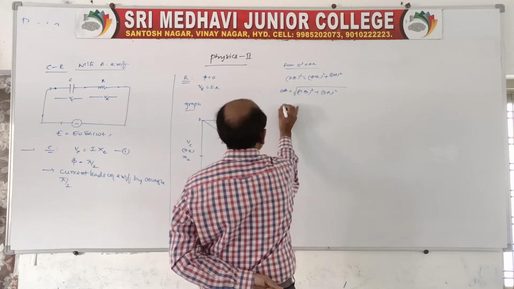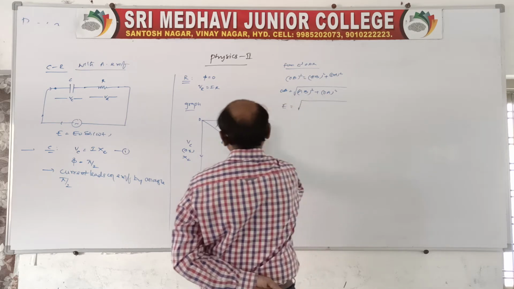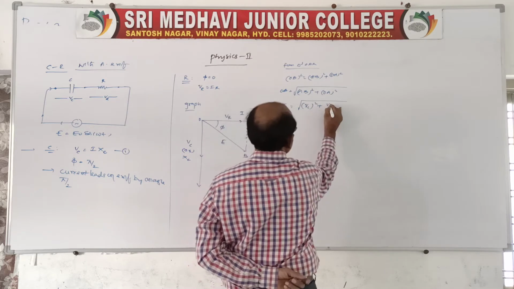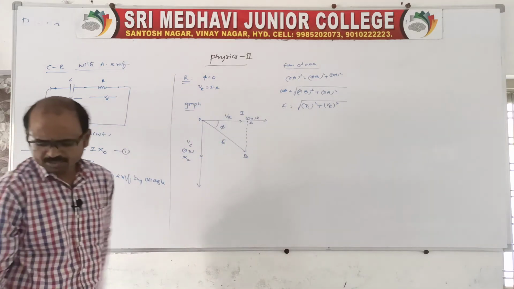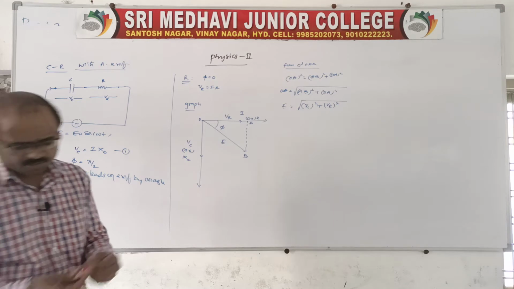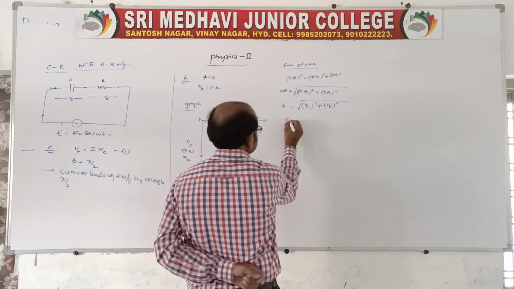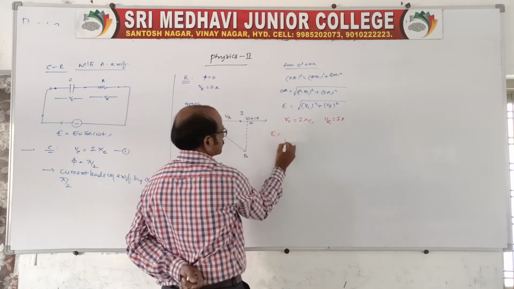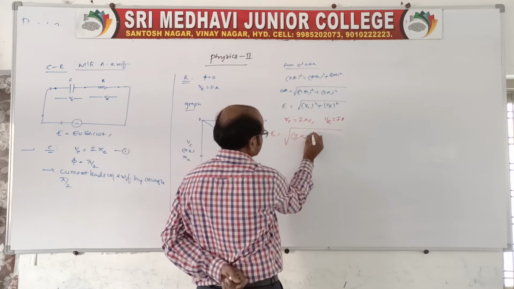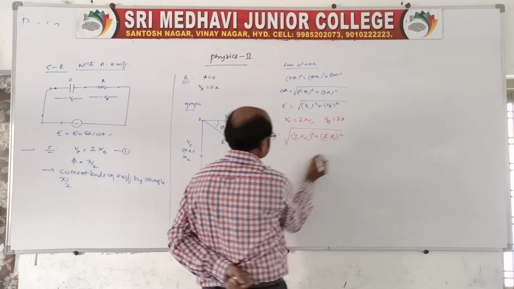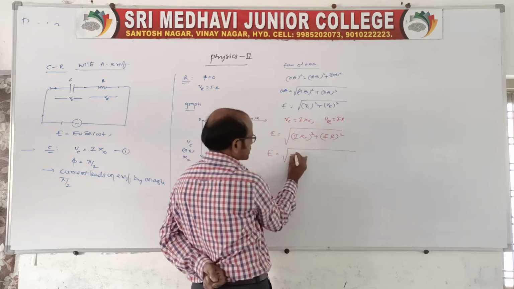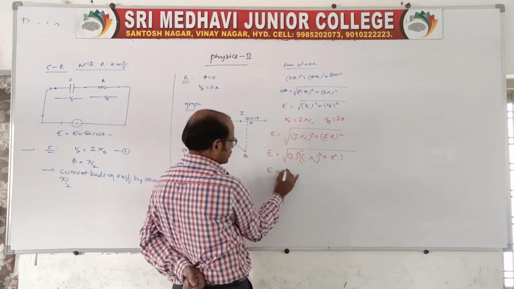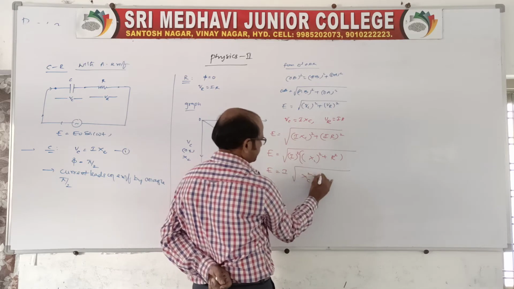Now OB is represented as E, AB is Vc, and OA is VR. Vc is I into XC, and VR is I into R. Substituting, E is equal to root over I XC whole square plus I R whole square. I is common, so E is equal to I into root over XC square plus R square.